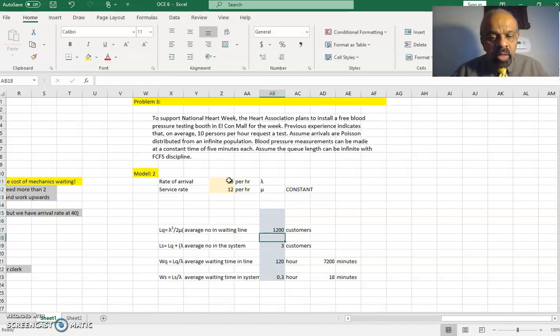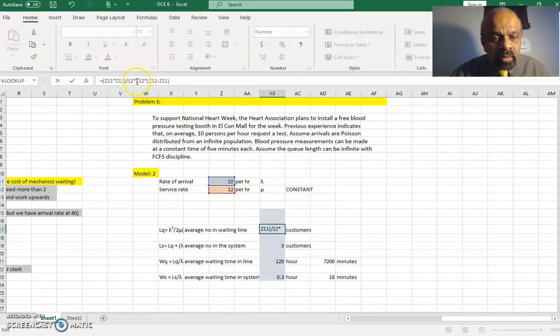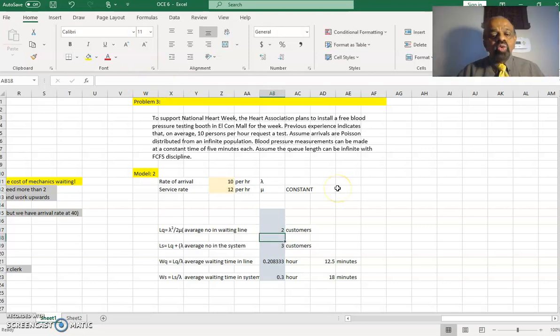Something is wrong here. Let's see what is wrong. I have to make sure that this is within parentheses, and that comes to 2 customers.